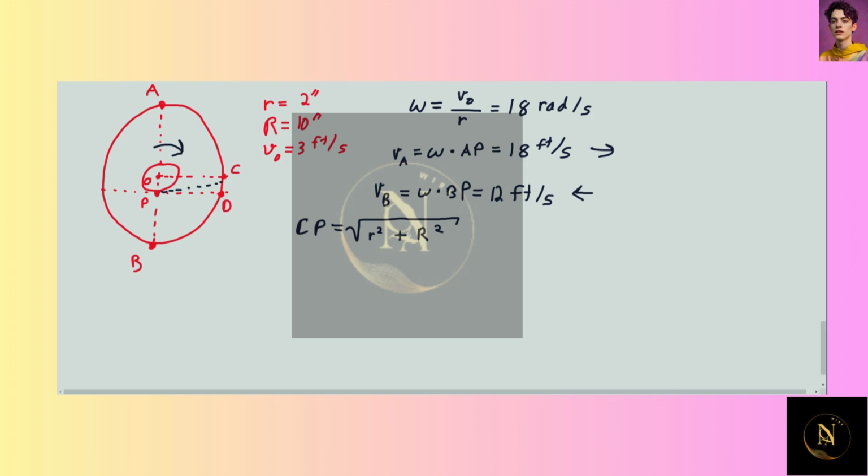When we put those numbers in, we get about 0.85 feet, where we used little r as 2 inches and big R as 10 inches.